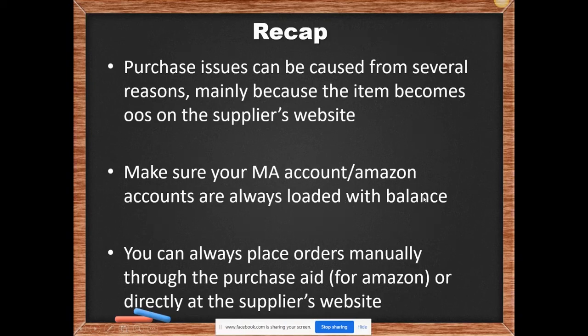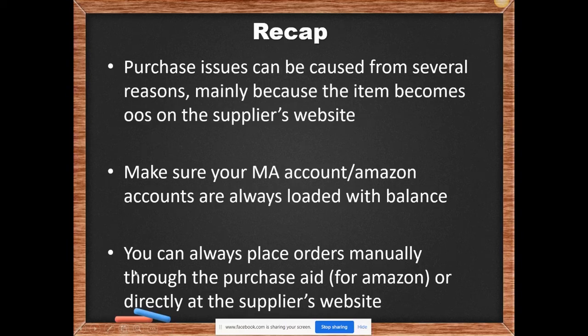And of course, it goes without saying that if you use Walmart or AliExpress and you use the auto orders for these suppliers, that your credit card linked to these suppliers is intact. Okay, this way you'll minimize orders failing because the supplier account doesn't have balance.